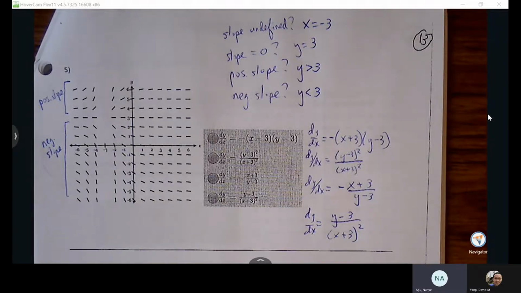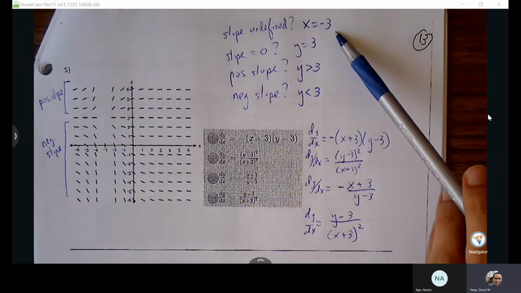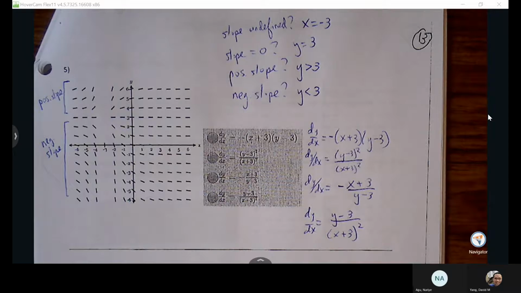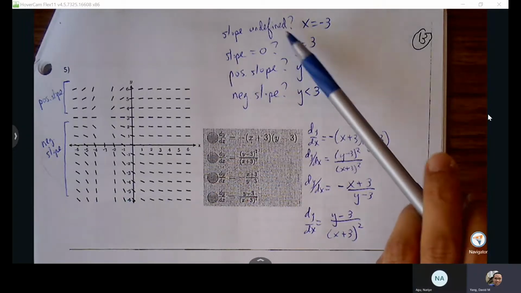I'm not sure. What if I plug -3 into the first one? What would I get if I plug -3 into the first one? So that would be 0 times y minus 3. Which is equal to? 0. Is 0 the same thing as undefined?